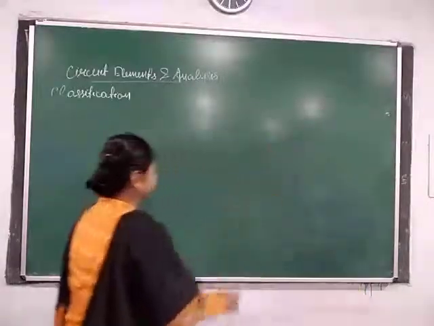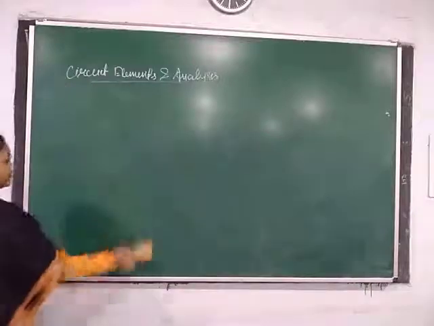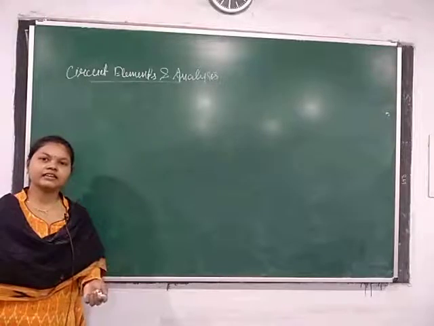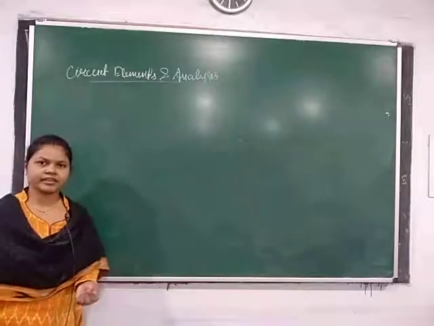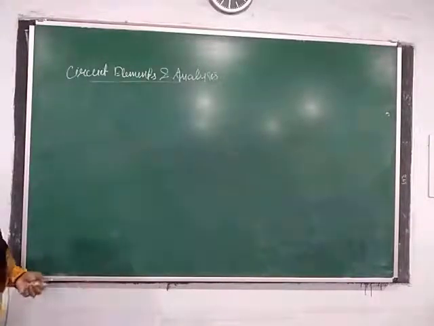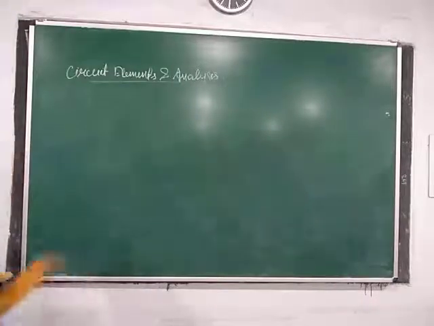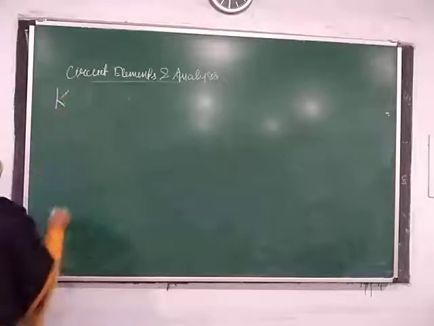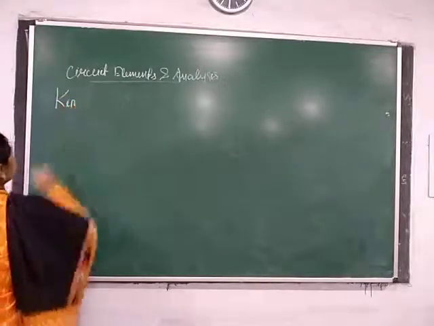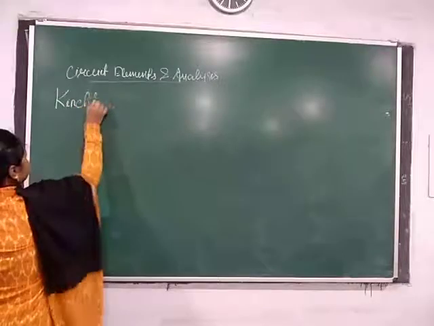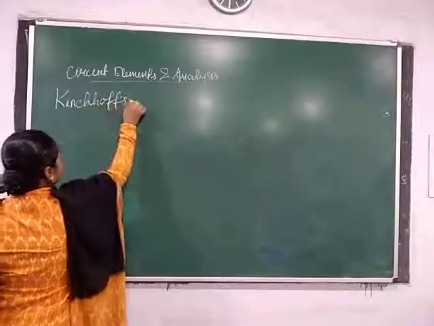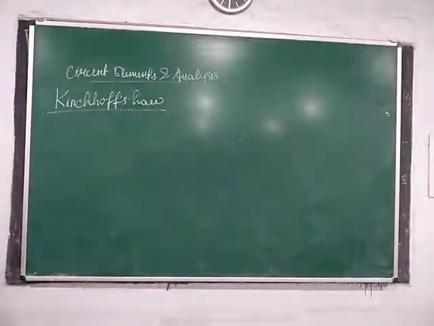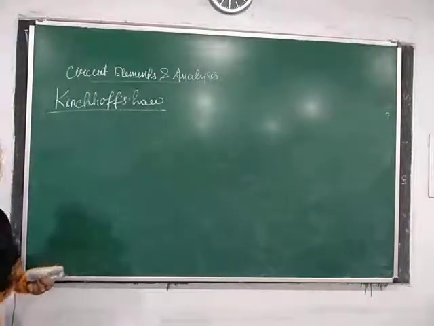If you remember physics, you studied that energy is neither created nor destroyed. Similarly, the scientist Gustav Kirchhoff gave a law known as Kirchhoff's law, which is based on this conservation of energy.